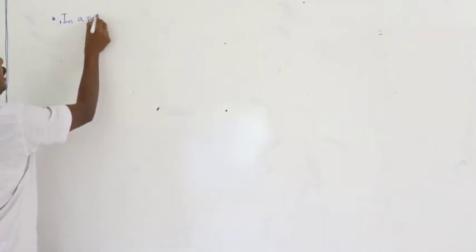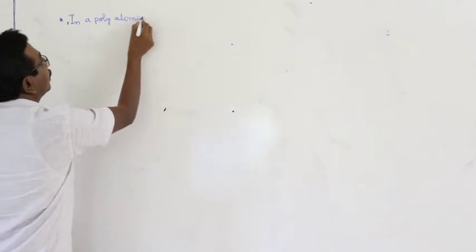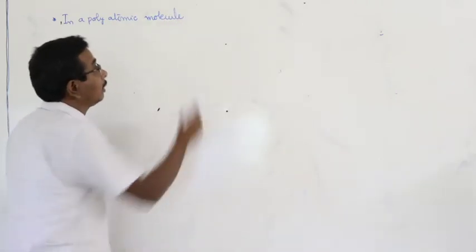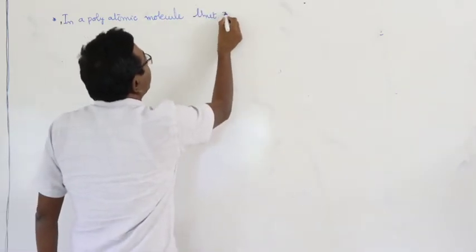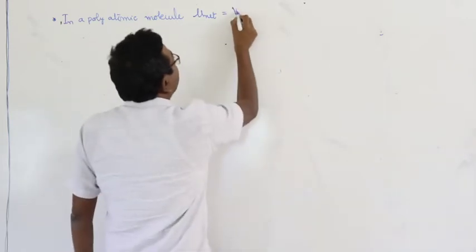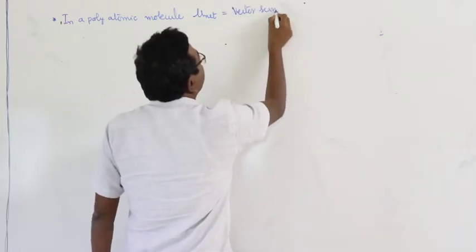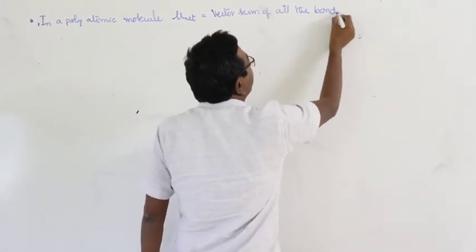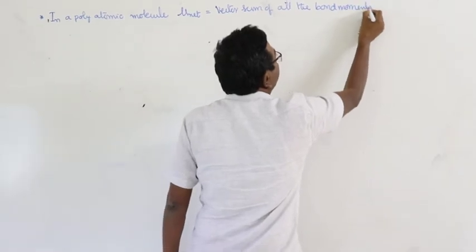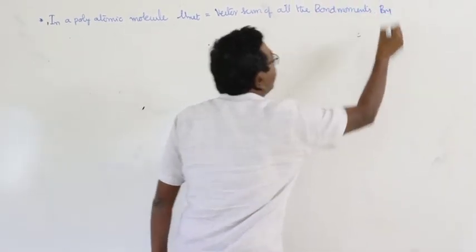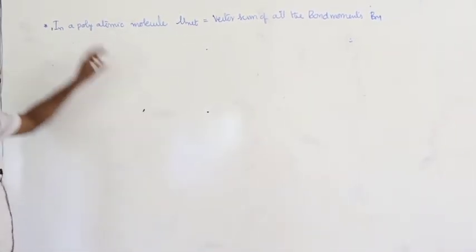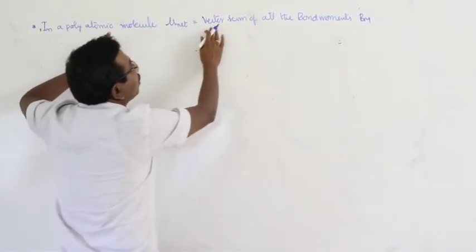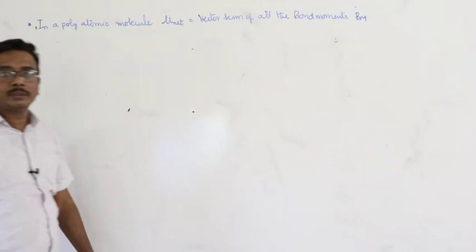In a polyatomic molecule, the net dipole moment is equal to the vector sum of all the bond moments.